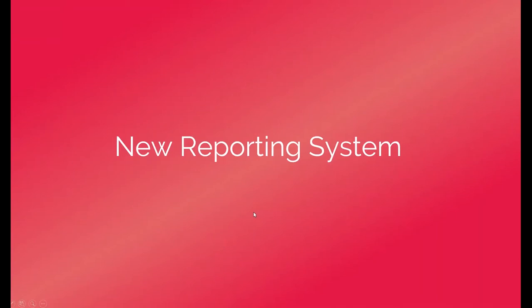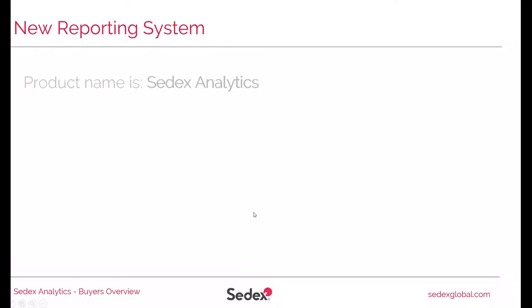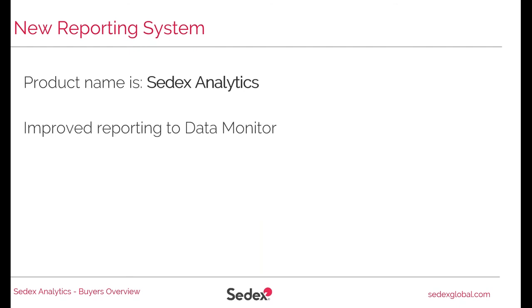This is Sedex Analytics. That's the product's name, and that's the reporting tool that you'll be able to access. It has improved reporting compared to Data Monitor, which basically means there's more you can do in it. There's interactive information that you can click onto.